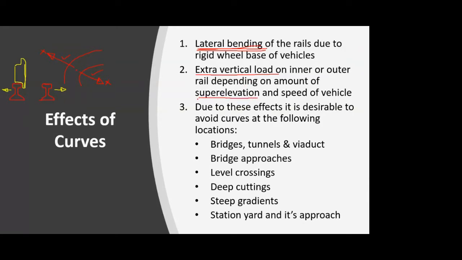Now the superelevation we will be studying in the next lecture, but for now you can just keep in mind that on curves there is something called superelevation. Due to that, the resultant forces coming on your rail are not directly straight, they are somewhat inclined, and when you resolve the different forces, you get some extra vertical load.